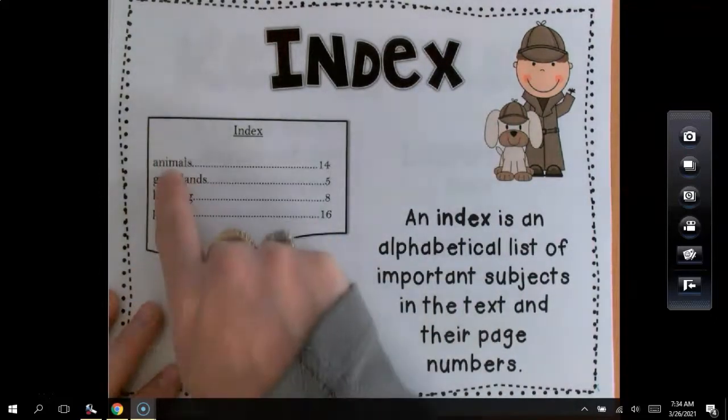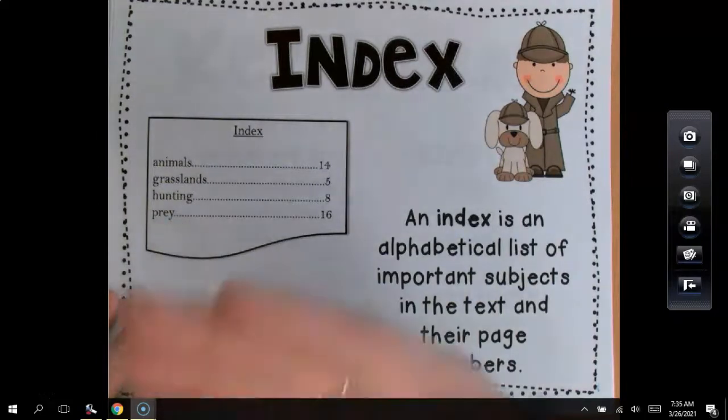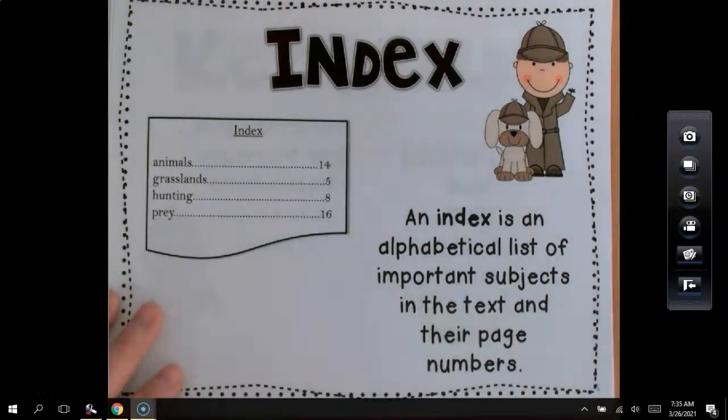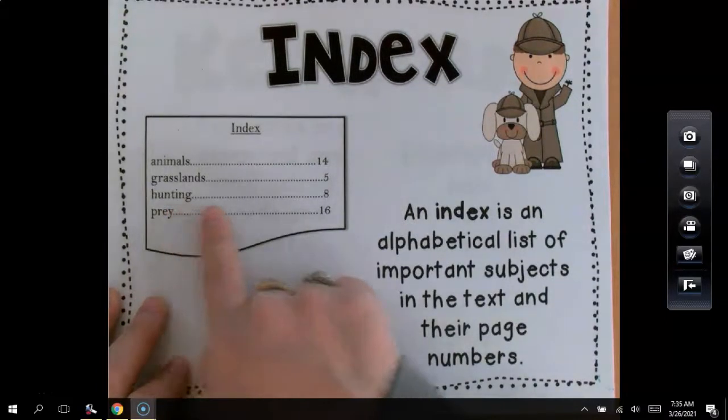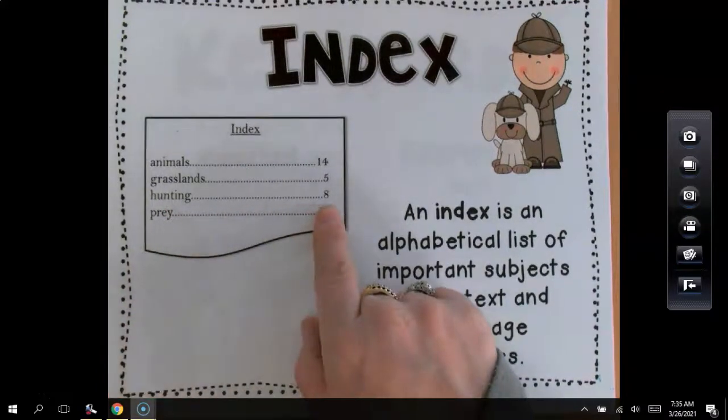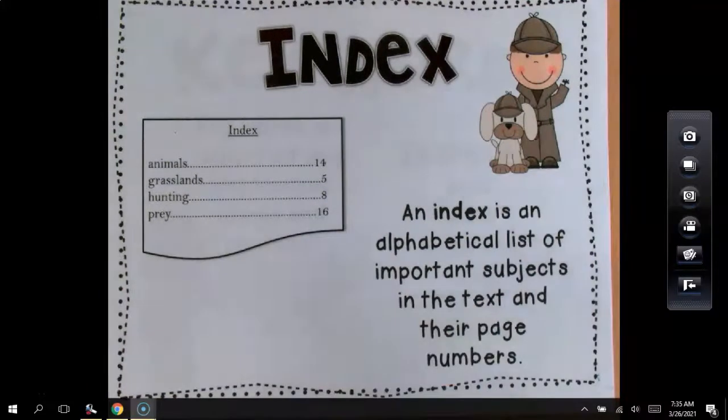It goes in alphabetical order. That means it goes from A, B, C, D, E, F, G, and so on, okay? And I could see that it talks about hunting on page 8. So an index is an alphabetical list of important subjects that are in the text, and it gives you all the page numbers that it talks about for that subject.